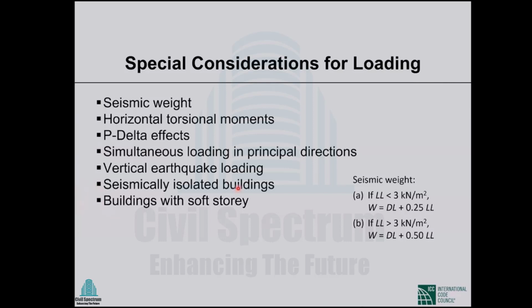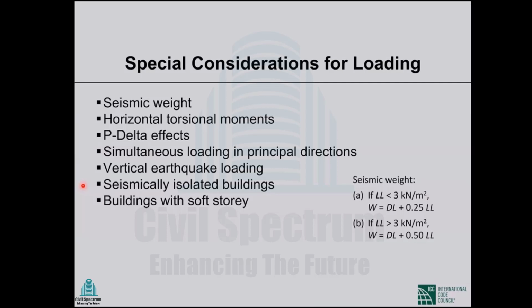And for buildings with soft story, there is a special shortcut: if you determine that there is a soft story, but you don't want to make a detailed dynamic analysis, there is a shortcut. Actually, this is taken from the Indian Building Code. Only for soft story, you can use equivalent static loading, but you have to magnify the moments in the soft story, usually the ground floor.